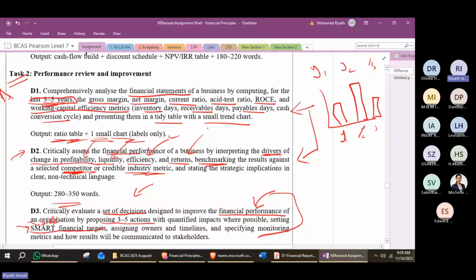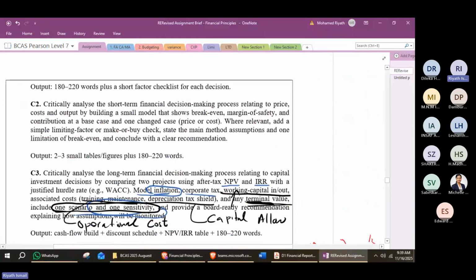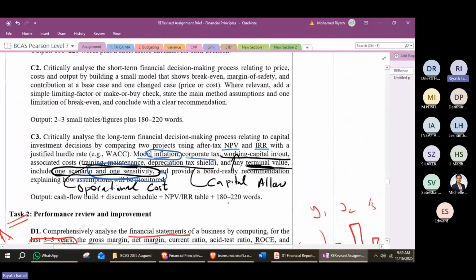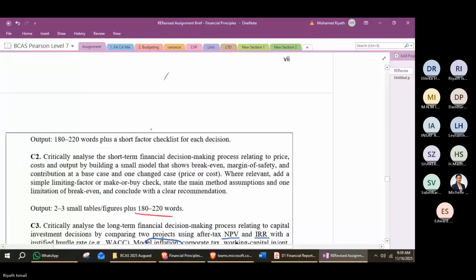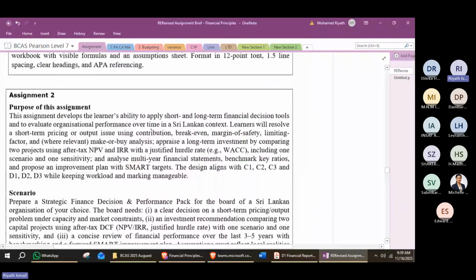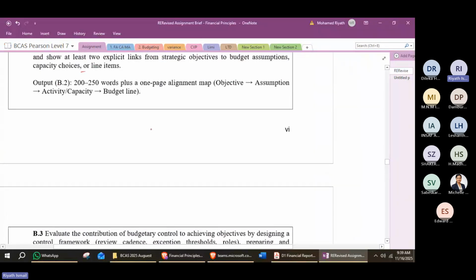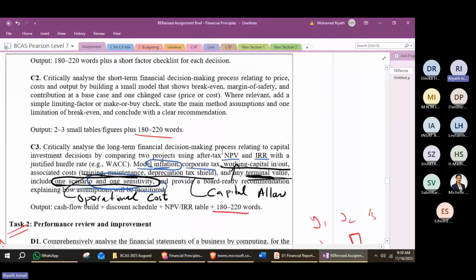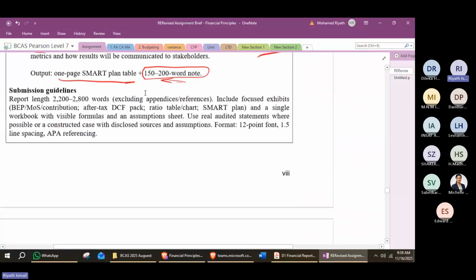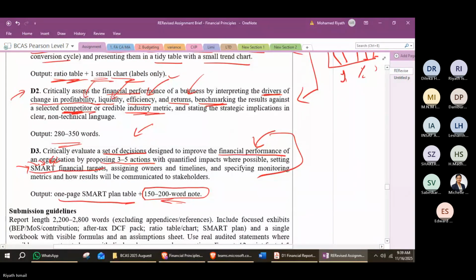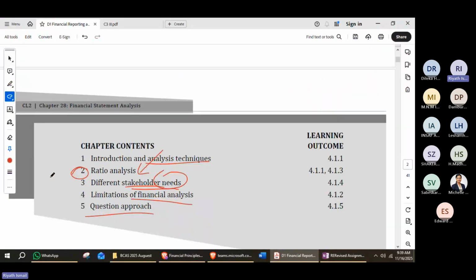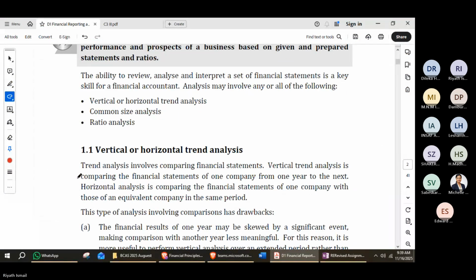So it's not a big task. Anyhow, all assessments are narrative and very concise. Pay very close attention to the word counts and what they require. I don't want a bulk report. I need it very concise.